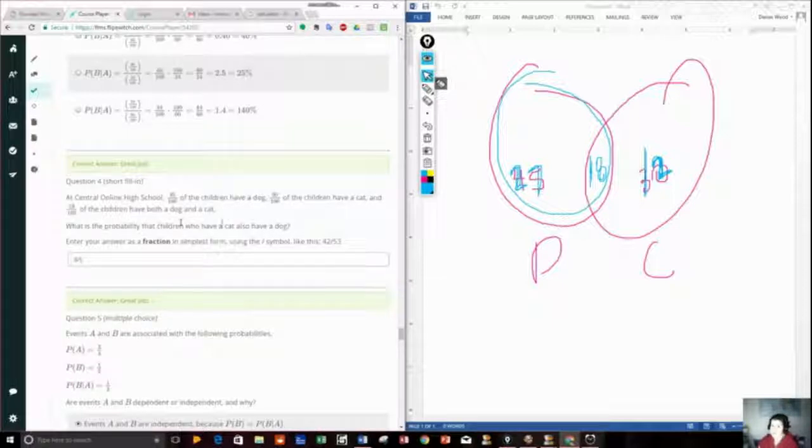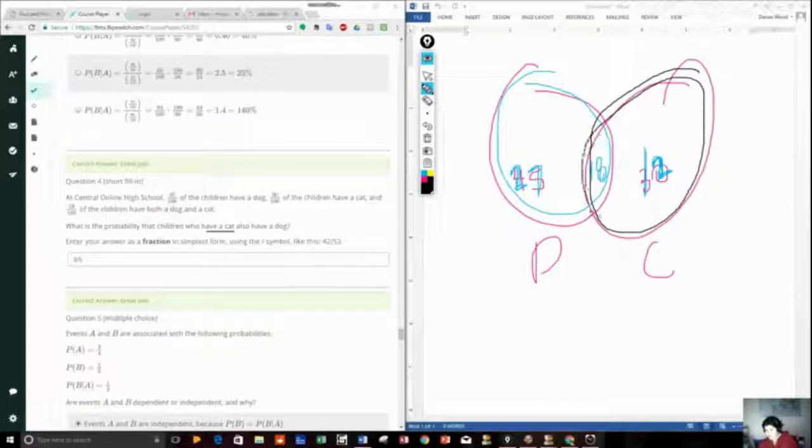Now that our Venn diagram is set up, we want to know the probability that children who have a cat also have a dog. They gave us our restriction: the people who have a cat. That means I'm only looking at the circle that represents cats. They want to know what portion of that circle has a dog.